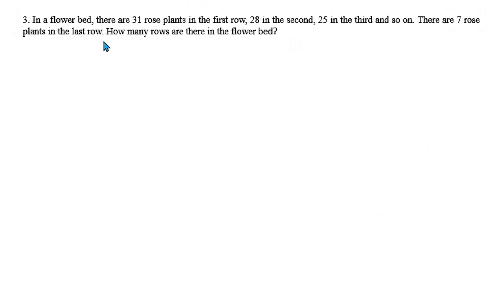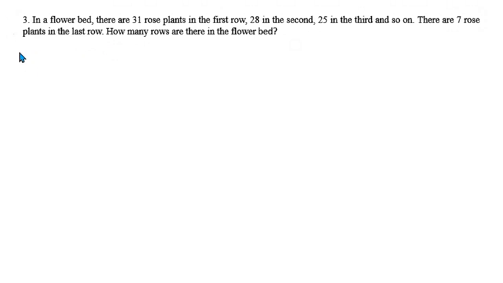In a flower bed, there are 31 rose plants in the first row, 28 in the second, 25 in the third, and so on. There are 7 rose plants in the last row. How many rows are there in the flower bed?